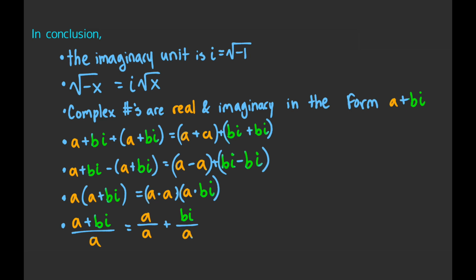Complex numbers are real and imaginary numbers in the form a plus bi. And below that we have addition, subtraction, multiplication, and division. Throughout this video, I hope you can see that i acts a lot like a normal variable, and when we do operations on it, we can treat it like any other variable.